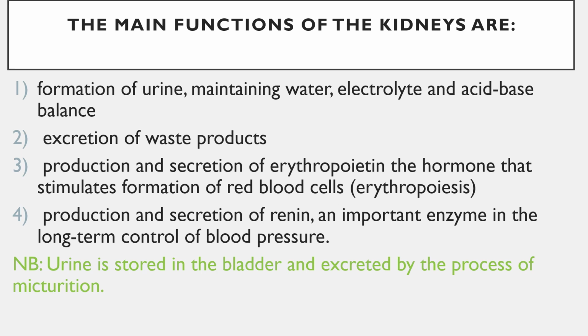Otherwise you'll keep drinking water until your body gets swollen or becomes edematous. But because there is this urinary system, the body will say, no, I have so much water now. Let me excrete, let me take out some dirty water in my body.